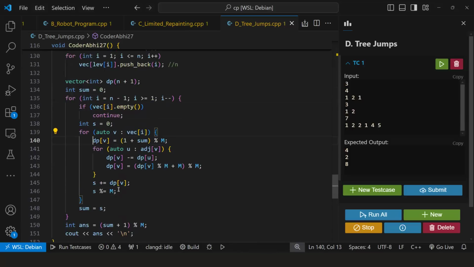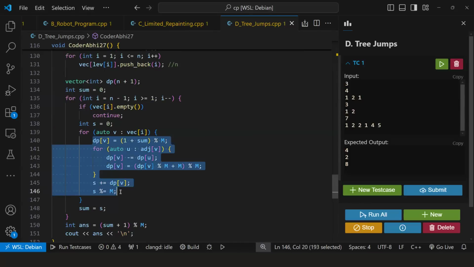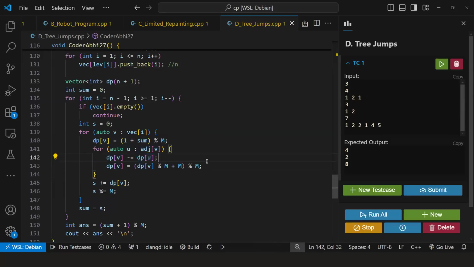So this whole thing is running n times, for every node once, and inside this loop, it is running once for every edge. So this loop is running order of m times, where m is n minus 1, the number of edges in the tree.